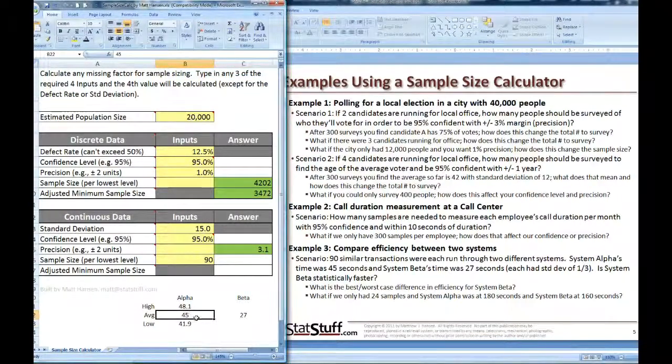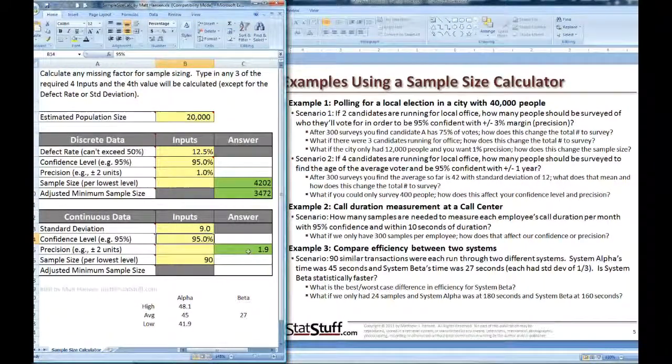Now it tells us for system alpha, their average is about 45 seconds, but the true range could be anywhere from 41.9 seconds up to 48.1 seconds. That's their true range, or what we're calling our confidence interval. Now for the beta system, we're doing the same thing, but theirs was 27 seconds, and again, standard deviation was a third, so that would be 9 seconds, so we'll plug in 9.